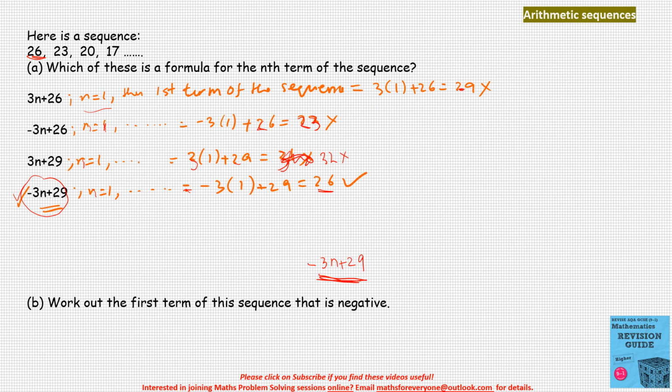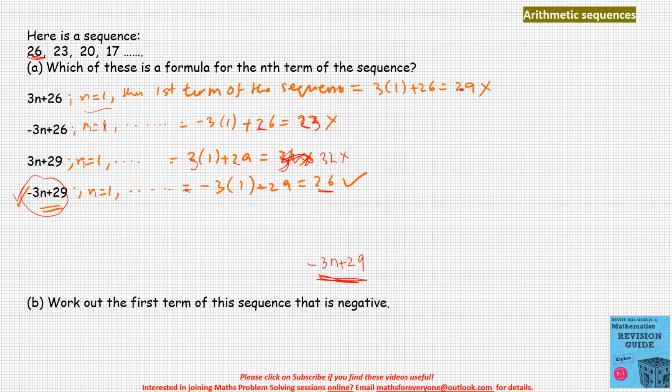It has to be more than 29. So 3 times 5 is 15, 3 times 10 is 30. So if I put n equals 10, I get 29 minus 30, that's a negative number.